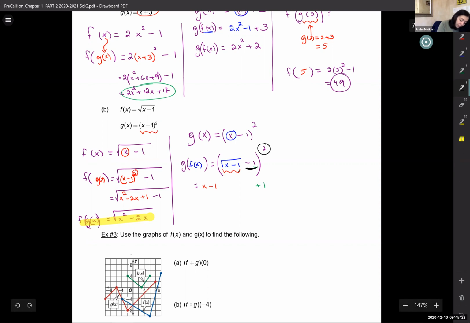So negative 2 times this, negative 2 root x minus 1. Okay? Square the first, square the last, and then the inside is 2 times first term times second term. So finally, this will be x, the ones go away, minus 2 root x minus 1. And that's it. You cannot do anything else.